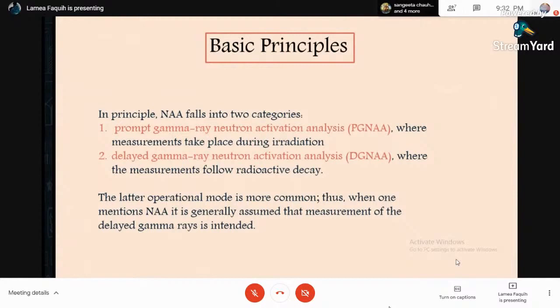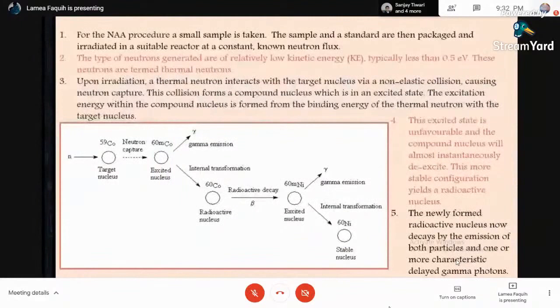I'll explain both of them individually in the later slides. Basically, delayed gamma ray neutron activation analysis is the most common technique to use, and we mostly use that itself. So now let us understand the idea for neutron activation analysis.